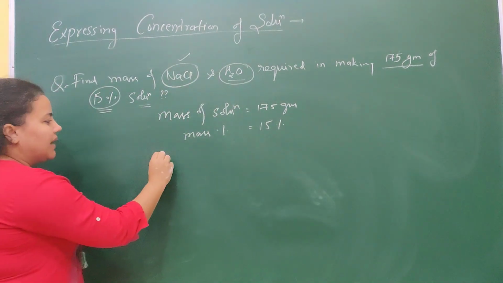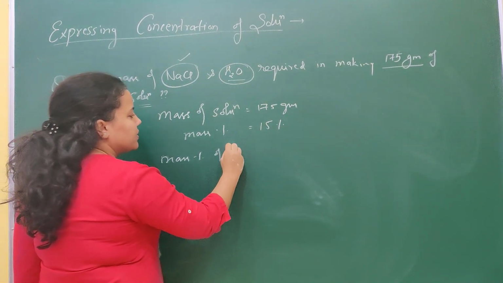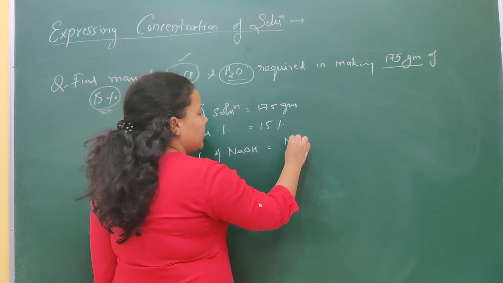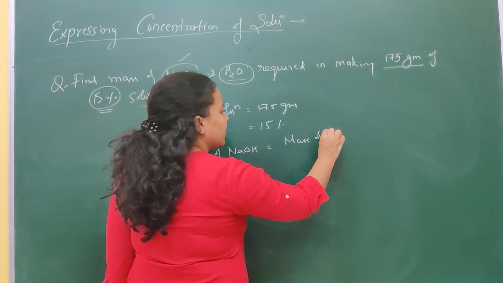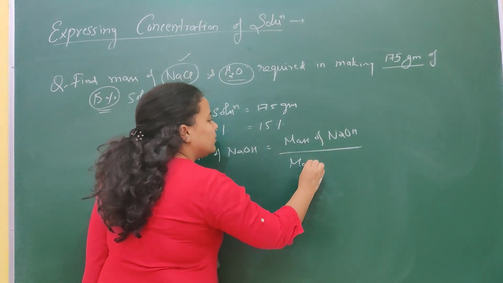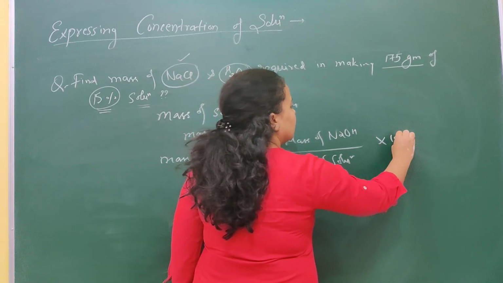The mass percent formula we know: mass percent of, suppose NaOH we are taking, will be equal to mass of NaOH upon mass of solution into 100.